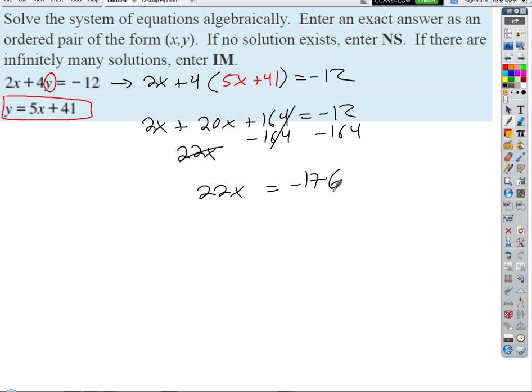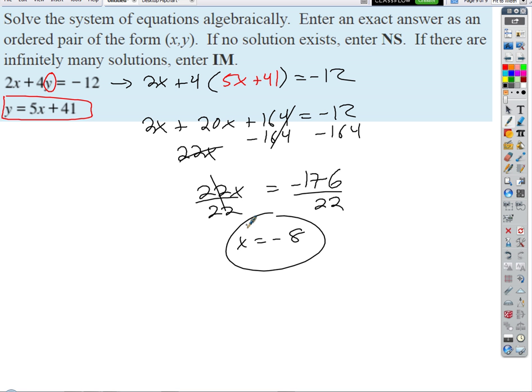Okay, last step. Divide by 22. And what's that give us, 6? No. 8. Negative 8, okay? So if x is negative 8, where would I go, Nick, to get the value of y?